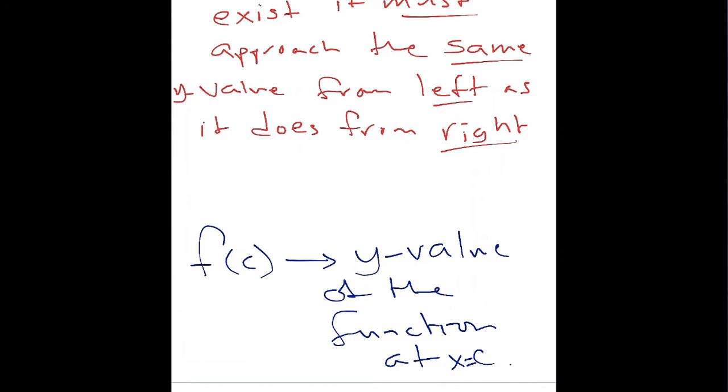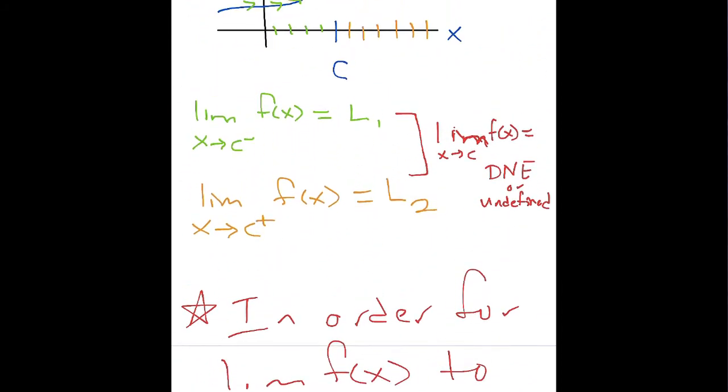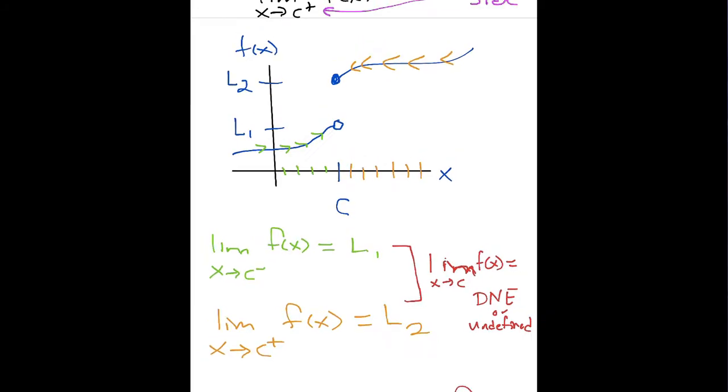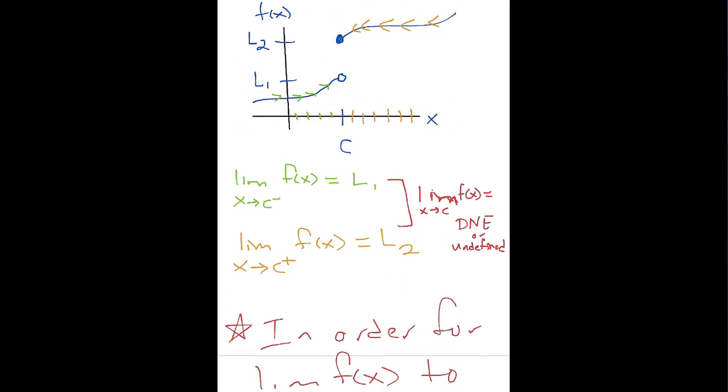That's just a y value. In the example that I have up here, f of c equals L2. Okay, so if I just asked you what f of c was, it's L2 because that's where the dot is. The limits are talking about something different. The limits are how we're traveling on the graph.